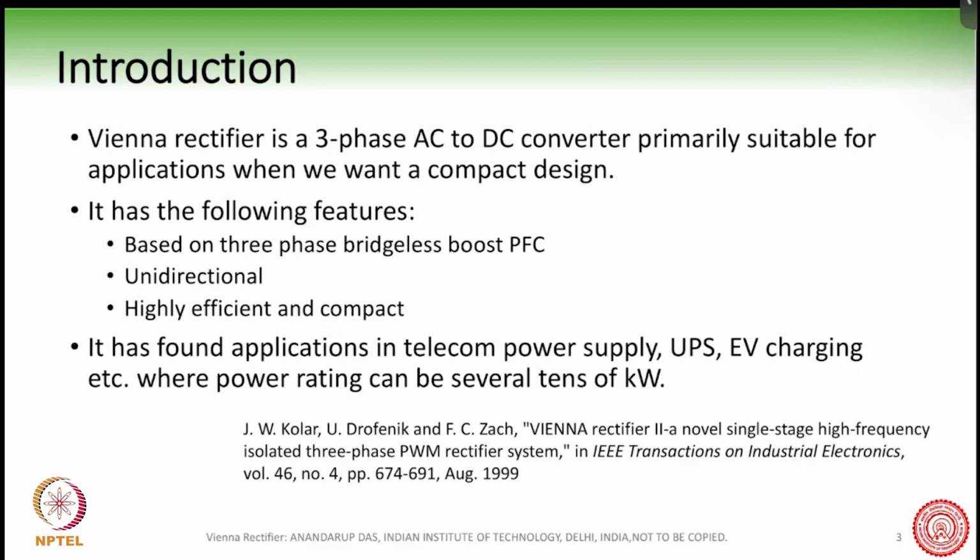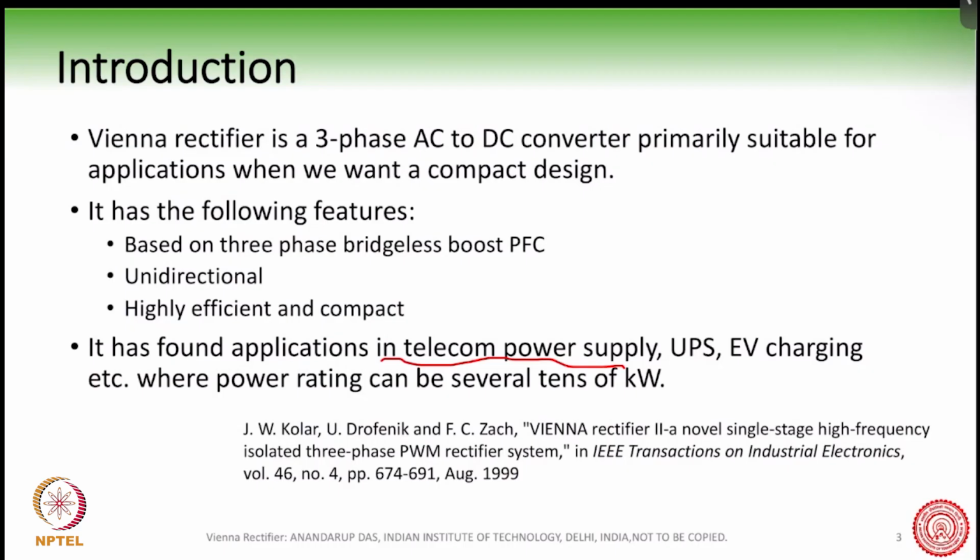Vienna rectifier is a three-phase converter used for AC to DC applications, and it is always run as a rectifier. Okay, and it has found applications in telecom power supplies, UPS, EV charging, etc. And the power rating can be several tens of kilowatt.